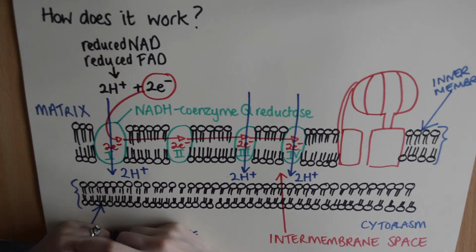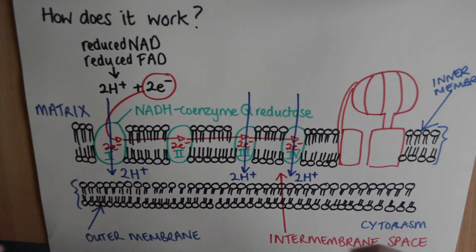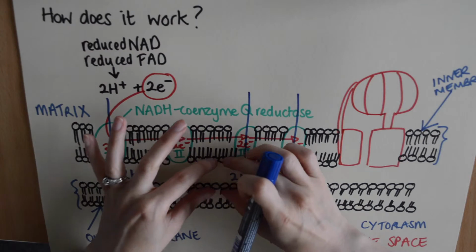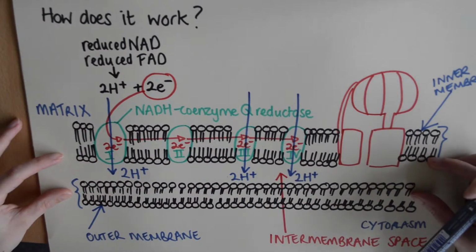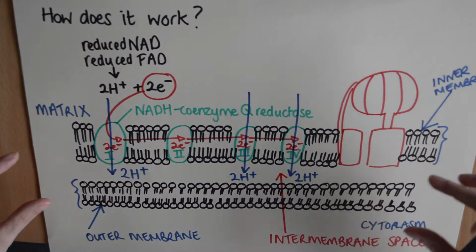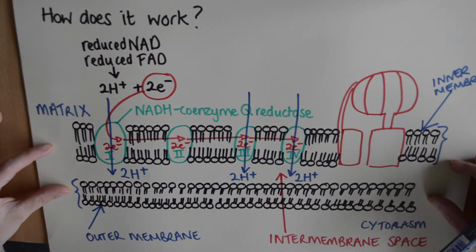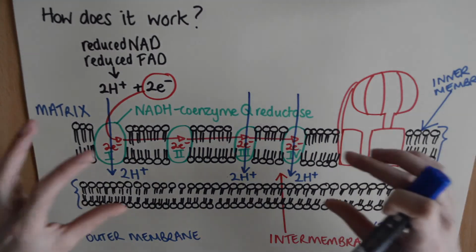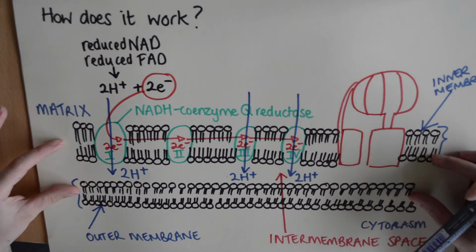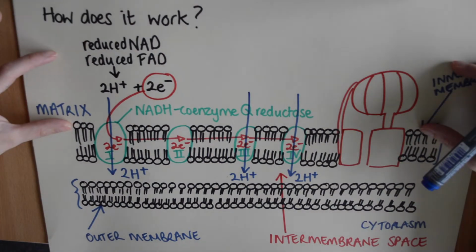Okay? So what we create is a very high concentration of protons or hydrogen ions within the intermembrane space. What you've created, therefore, is what's known as a proton gradient. So there is a greater concentration of protons within the intermembrane space compared to within the matrix.